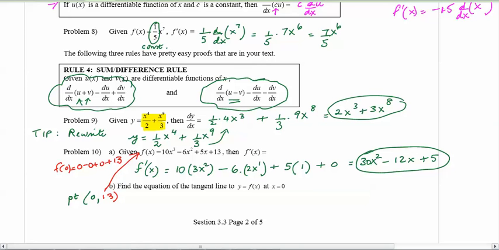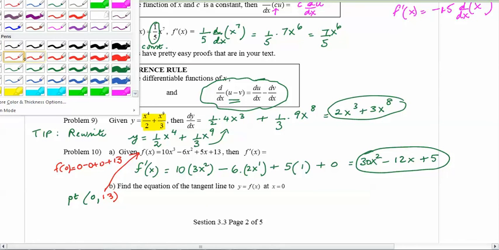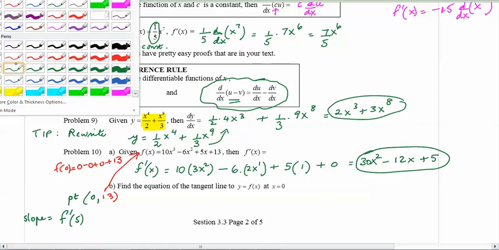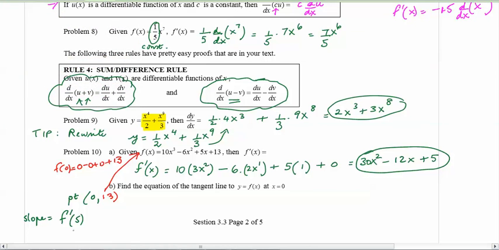So I've got my point. Now I need my slope. My slope at 5 is simply f prime at 5. This is my slope. Okay, so let's plug that into what I got for the slope. There it is.